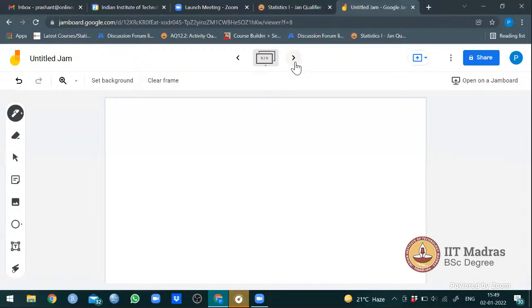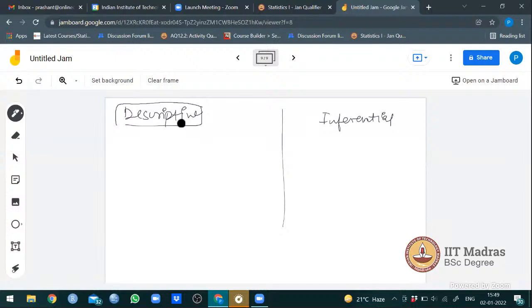See, descriptive and inferential. So what is descriptive statistics? These are two branches of statistics.